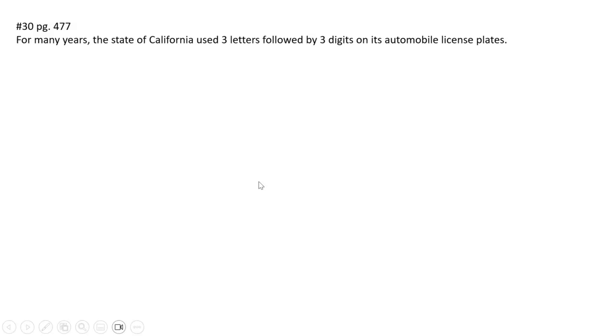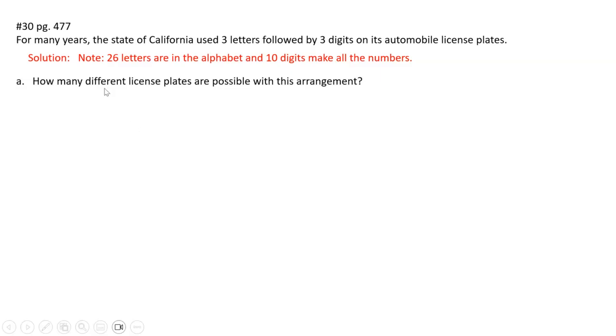Now here's another example. For many years, the state of California used 3 letters followed by 3 digits on its automobile license plates. Okay, notice 26 letters are in the alphabet, and 10 digits make all the numbers. So how many different license plates are possible?